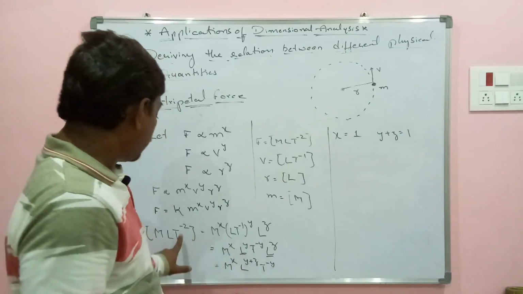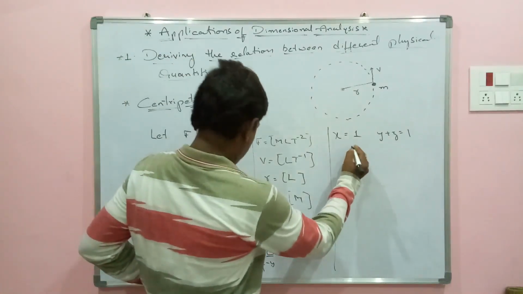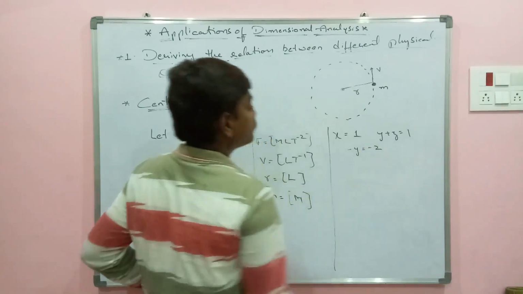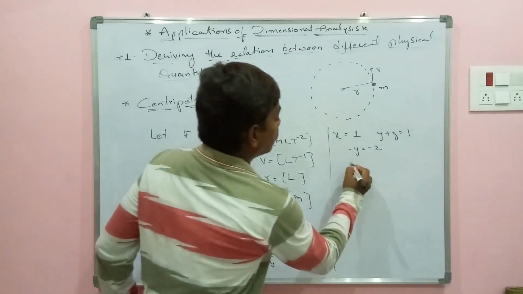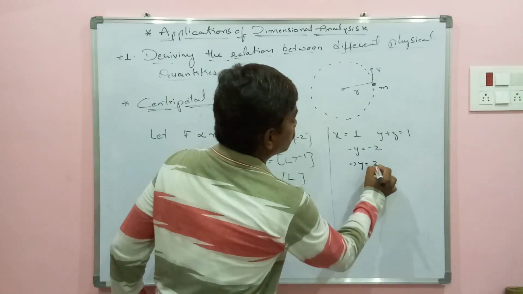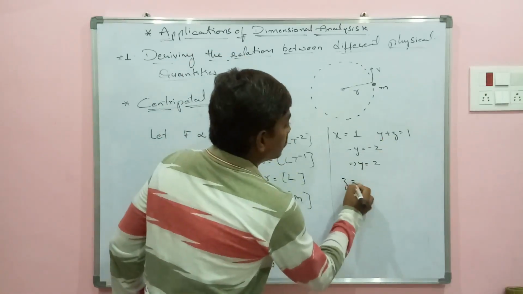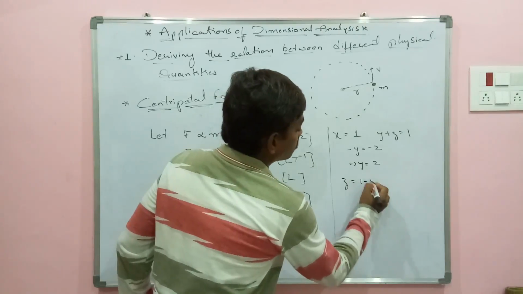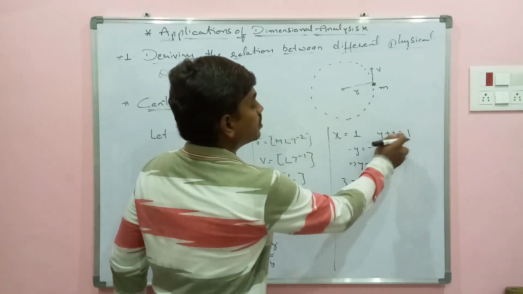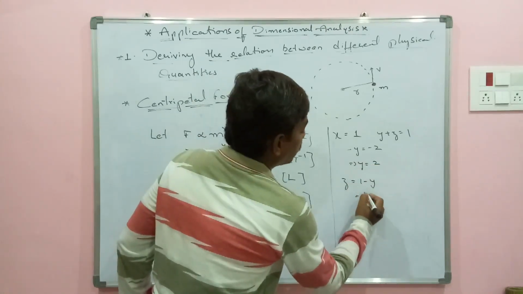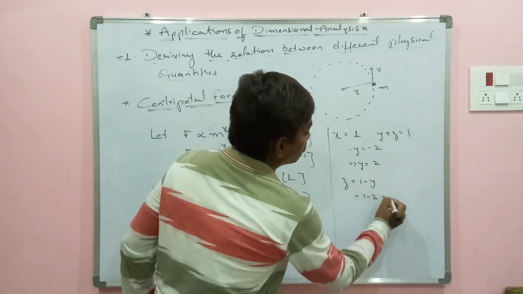T power minus y, T power minus 2, so I will get minus y is equal to minus 2. From here I will get y is equal to 2. As y is equal to 2, z is equal to 1 minus y. So z, I will get as 1 minus 2, that is nothing but minus 1.